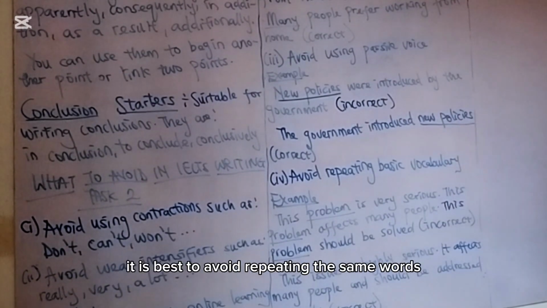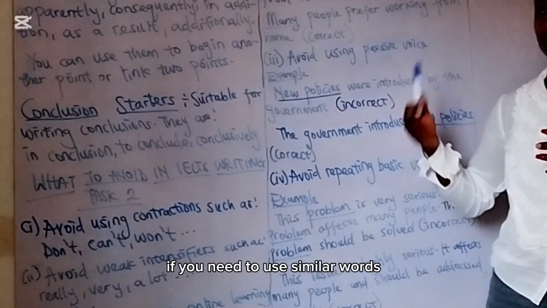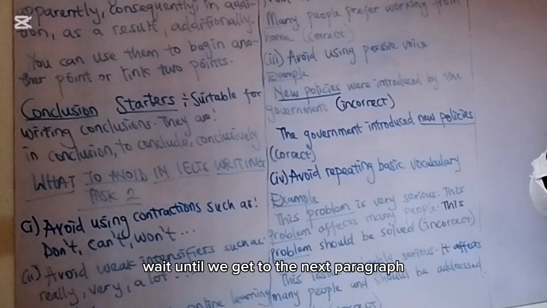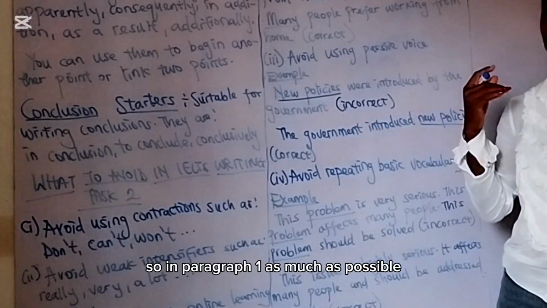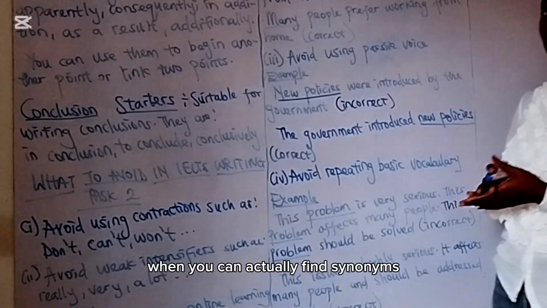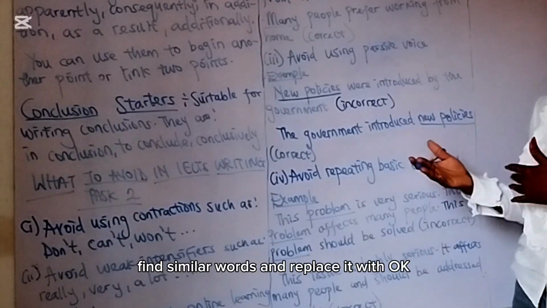It is best to avoid repeating the same words in a paragraph. If you need to use similar words, then you can wait until we get to the next paragraph. So in paragraph 1, as much as possible, avoid repeating the same vocabulary. When you can find synonyms, find similar words and replace it with them.